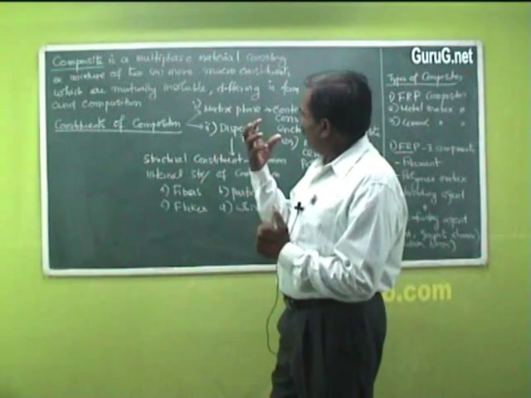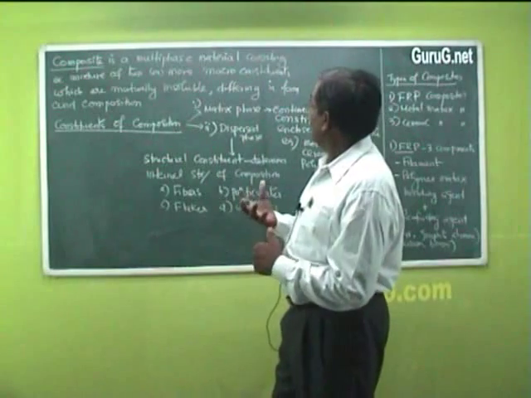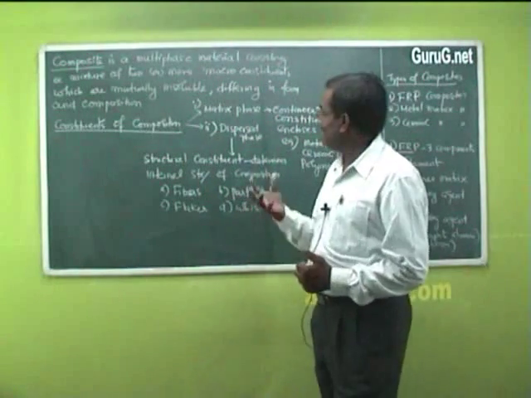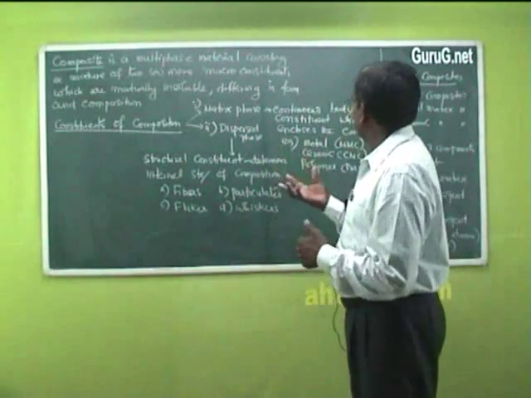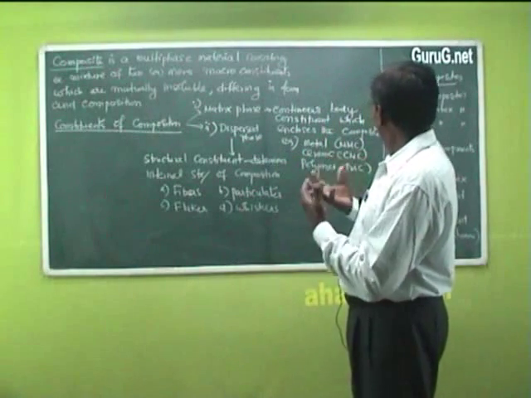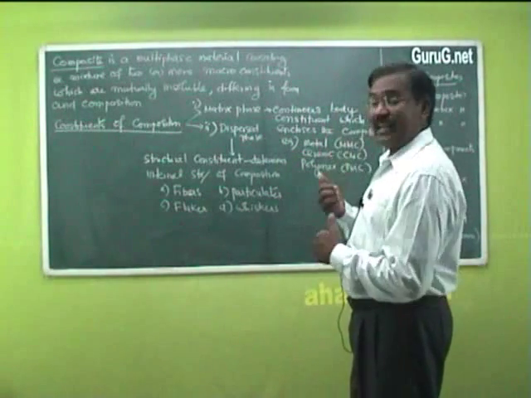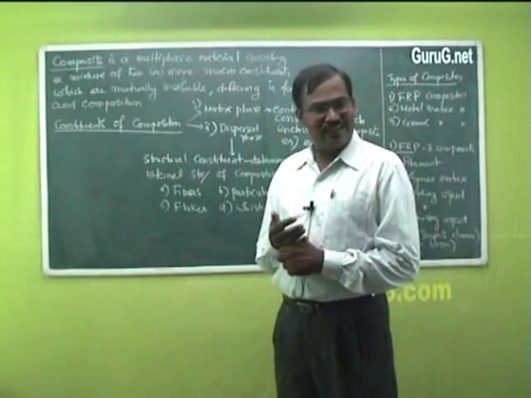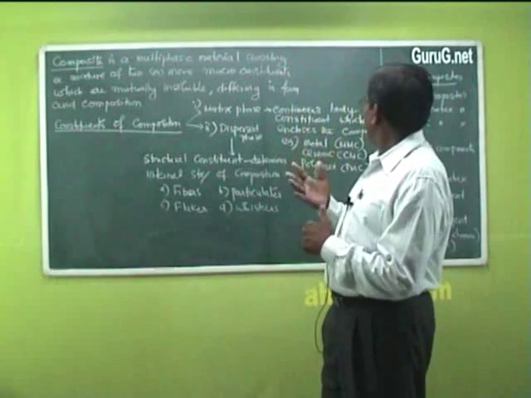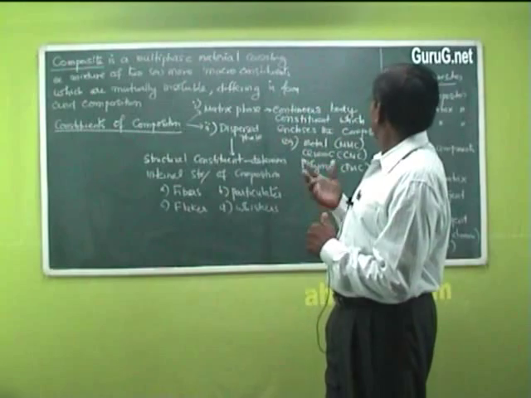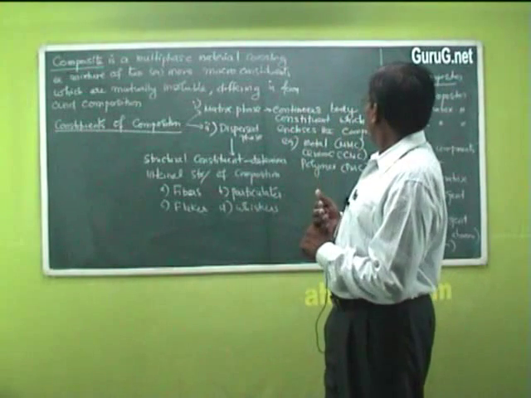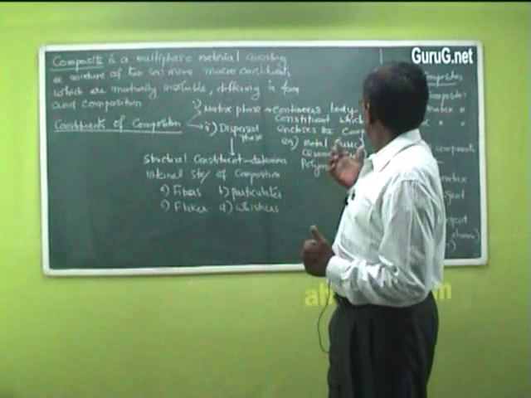If you want to make a composite, we need two important things. One is the matrix. The matrix is the material which holds the entire material; it is called the matrix phase, the continuous body constituent which encloses the composite.